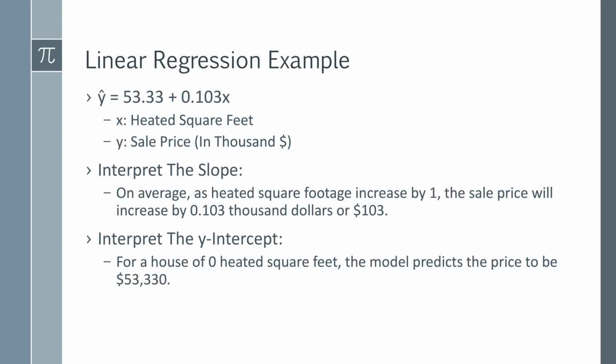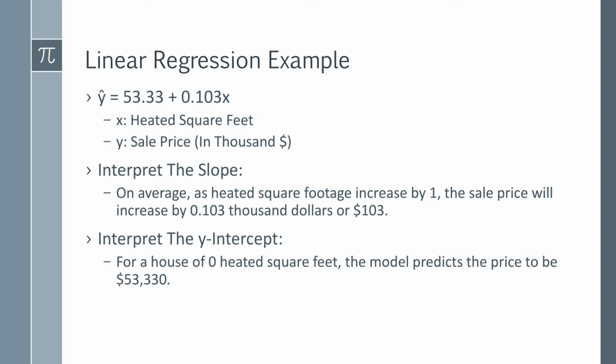To interpret the slope, I'm going to say on average, as heated square footage increases by 1, the sale price will increase by $0.103 thousand, or $103. So each time I increase my X by 1 unit, I'm going to be increasing my predicted value on average by 0.103.